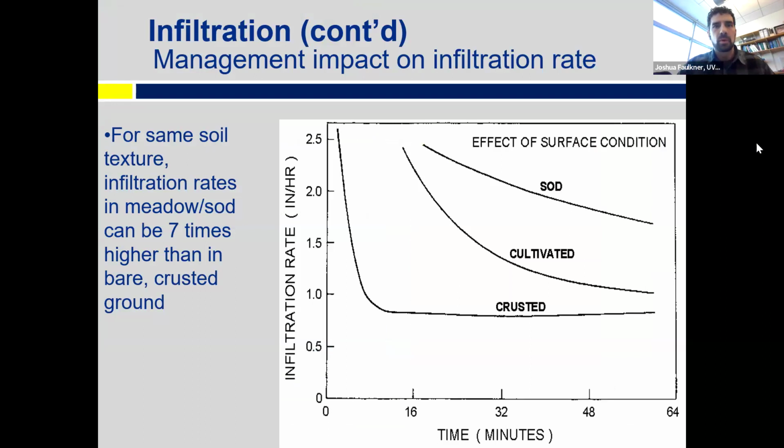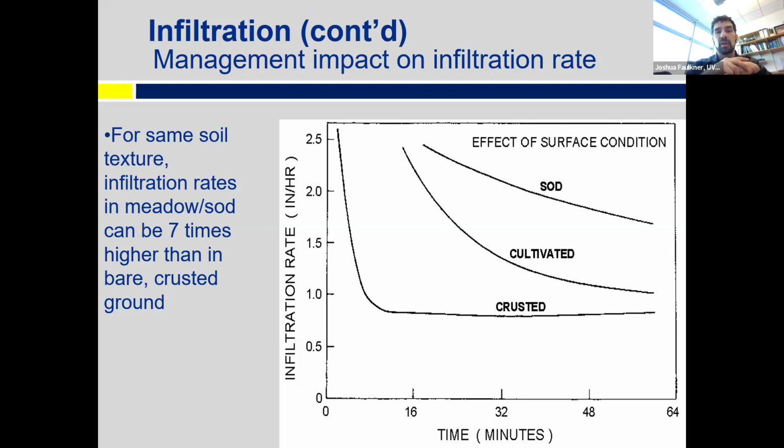Management effects on infiltration, right? There's been a tremendous amount of work on this. I just have a few very simple slides on how management affects infiltration rates, and this is a very basic one, where we have a sod, a cultivated soil, and then a cultivated soil with crusting or surface sealing occurring.